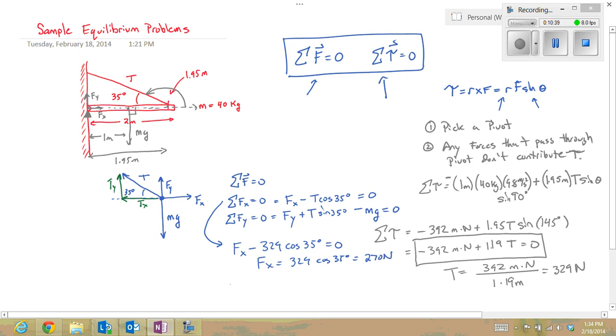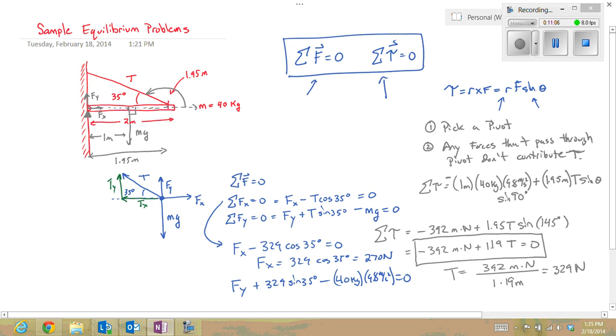And then Fy is going to equal, sorry, I'll go ahead and write it out. Fy plus 329 sine 35 degrees minus mg, which was 40 kilograms times 9.8, equals 0.